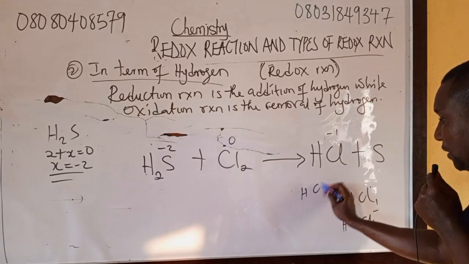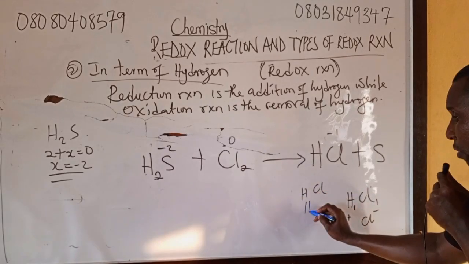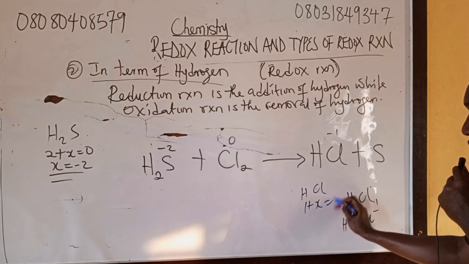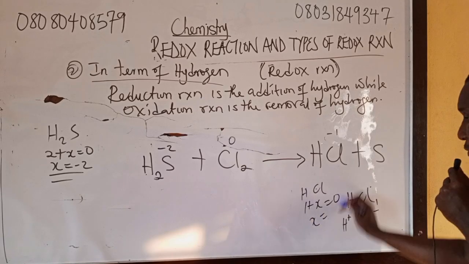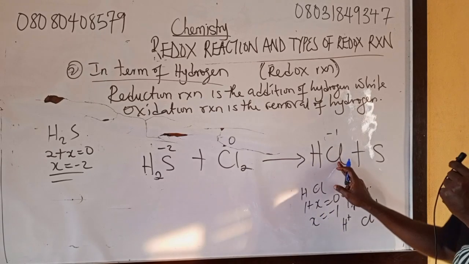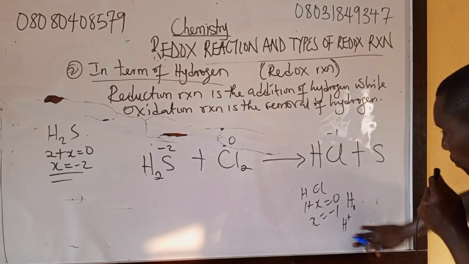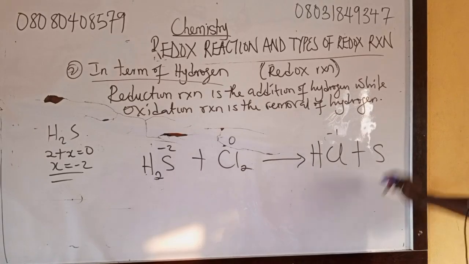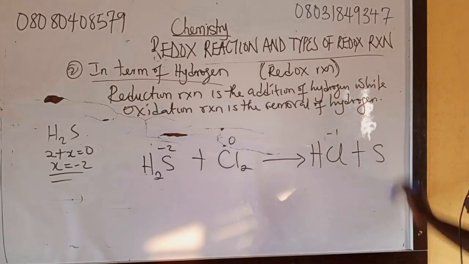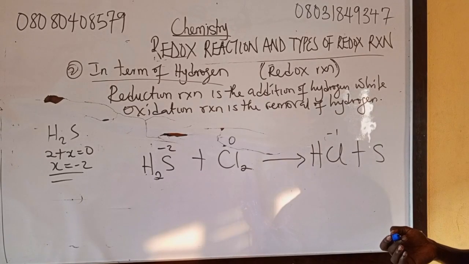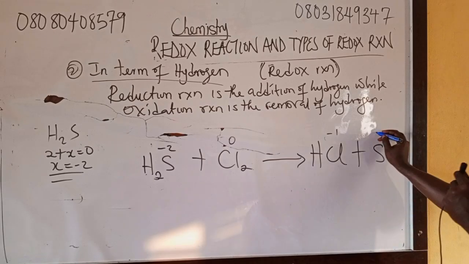If you want to calculate it, hydrogen is +1 plus chlorine, unknown X, equals 0. X equals -1. That means the oxidation number of chlorine is -1. Take note of that. Then sulfur standing alone.